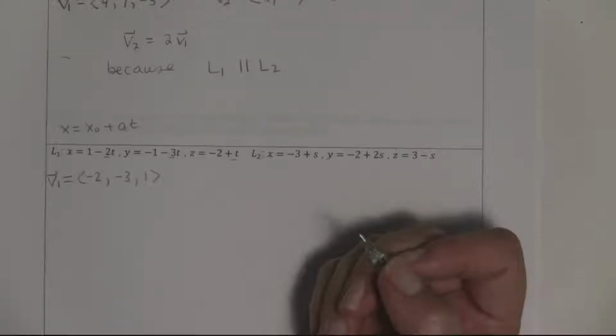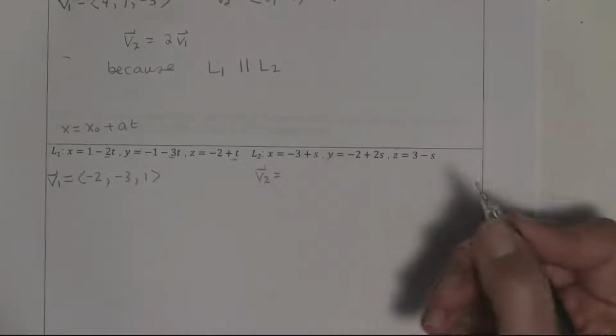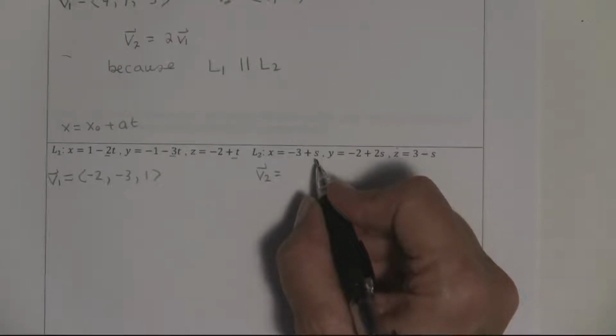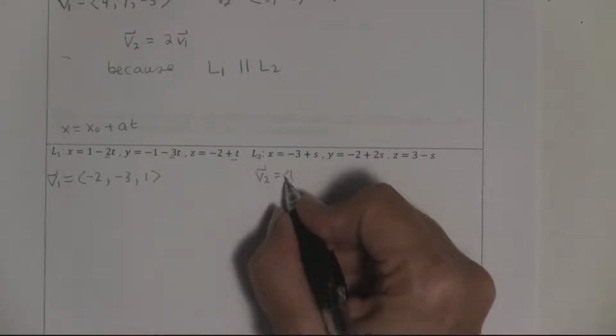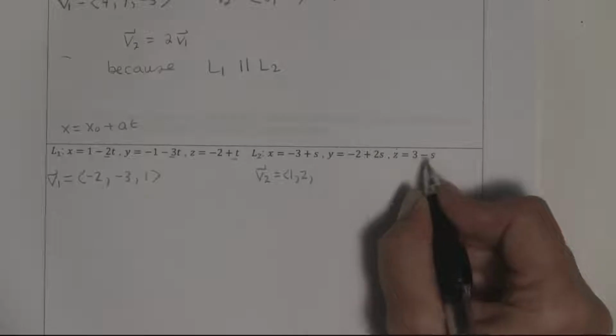That's my direction vector. And then for line 2, my direction vector is going to be the coefficient of s, since we parameterized it with s. So this is 1, 2, and negative 1.